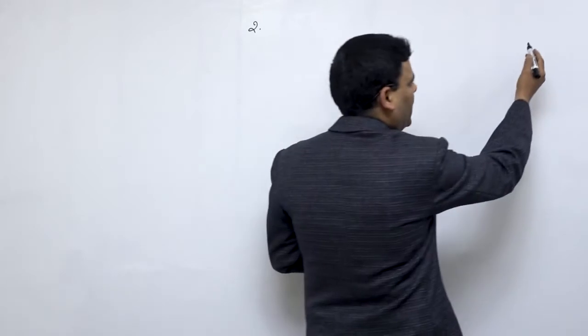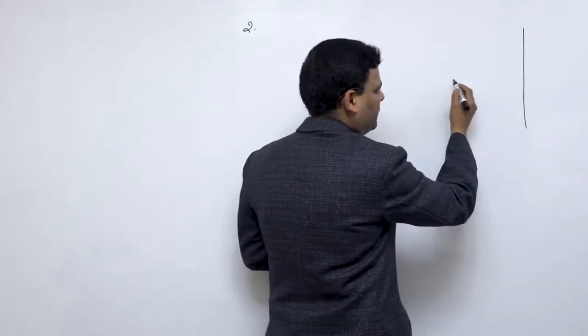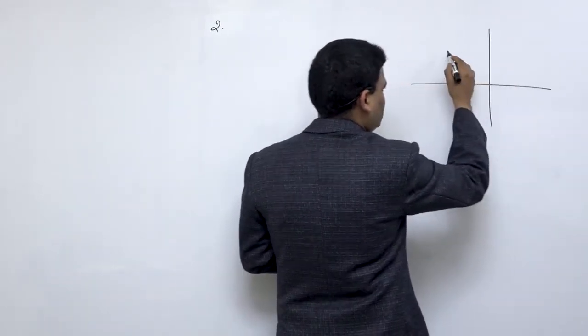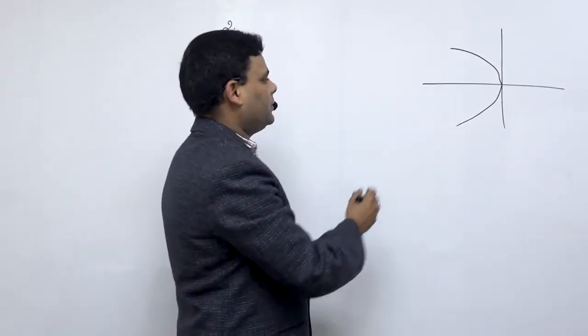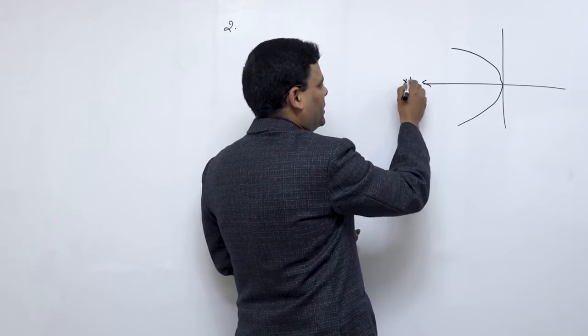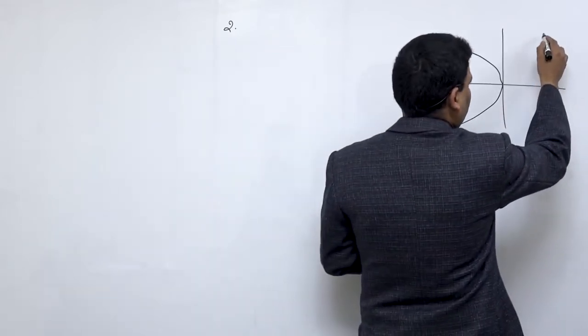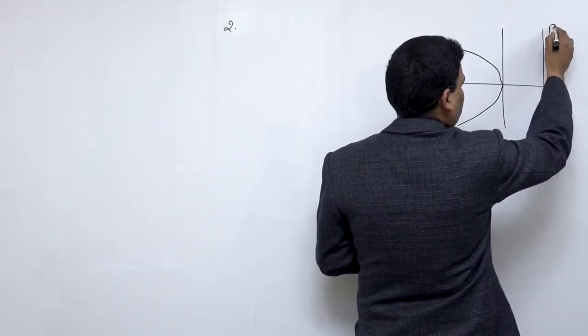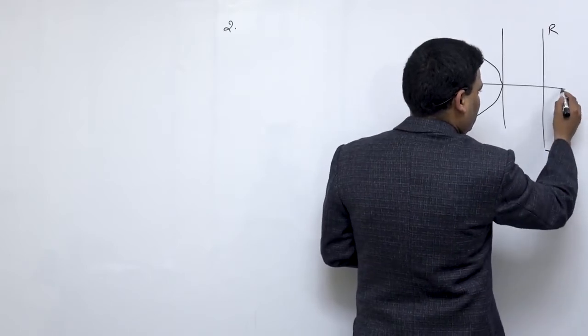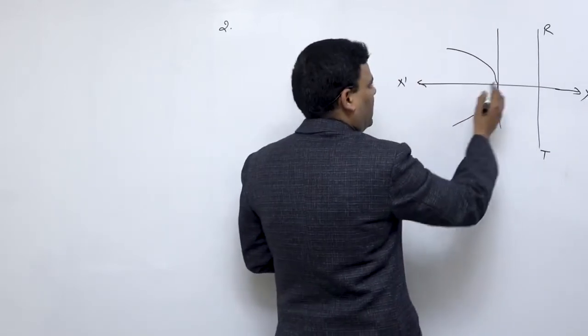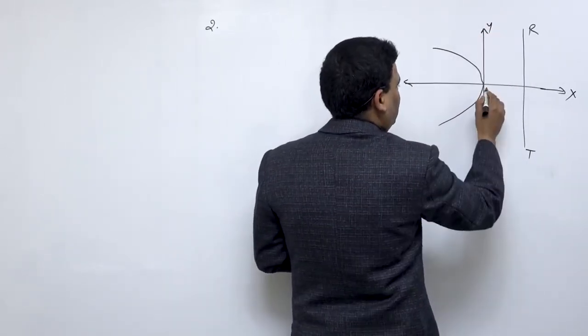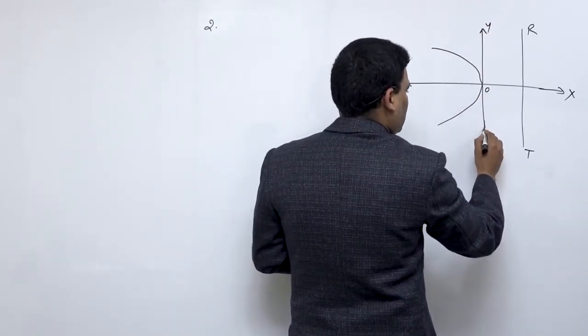Now if the parabola turns to the left from its vertex, obviously its directrix will be on the opposite side of this direction. Suppose in this direction RT is the directrix and y dash is the y-axis.